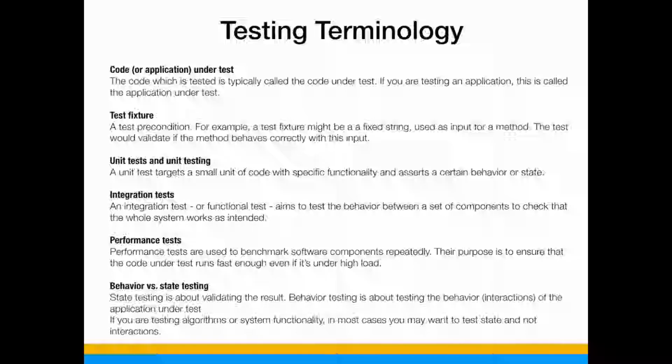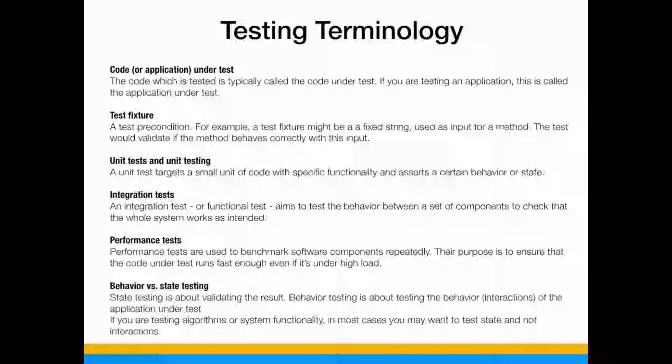Integration tests. Well, if you have a bunch of unit tests, in reality your software is not going to be this tiny thing; it's going to be all these things in the system that are interacting with each other. So an integration test is just a way of testing everything from A to Z of what the software is.